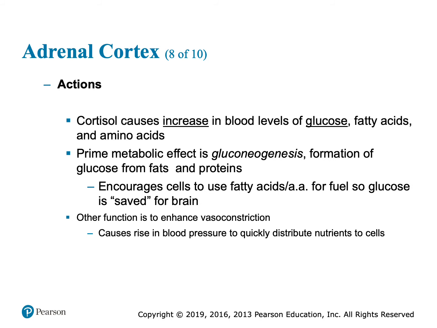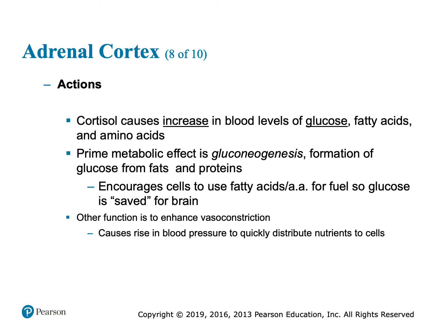Gluco, neo, birth, genesis, the beginning. So gluconeogenesis, the formation of glucose, thanks to fats and proteins. Our nervous system can only use sugar to make ATP. Our nervous system cannot use amino acids and fatty acids.